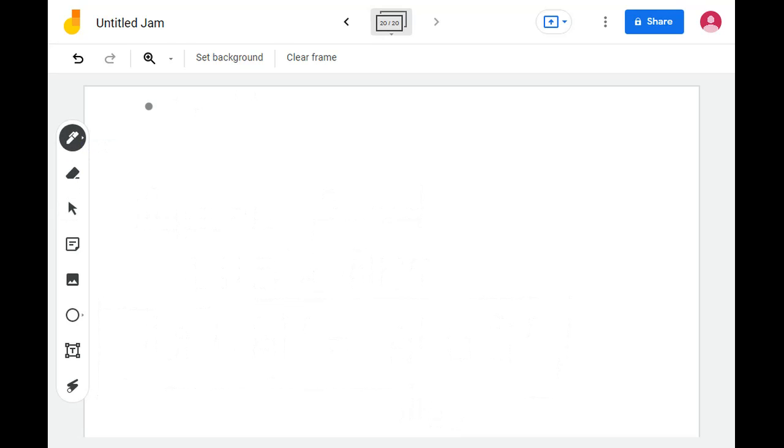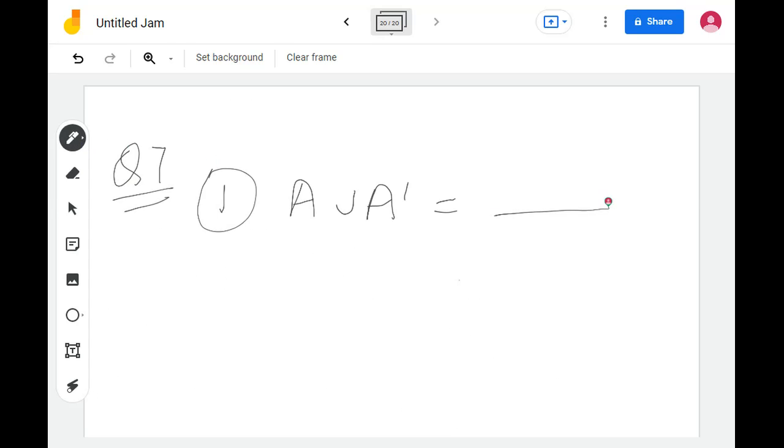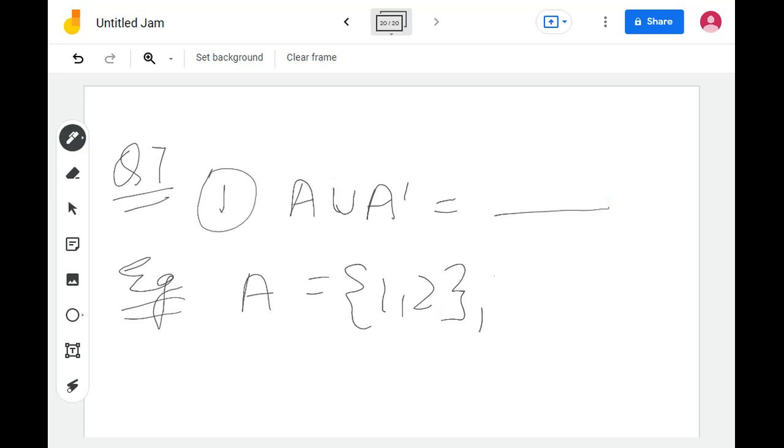Now the last question is question number 7, in which first is A union of A complement is equal to... is asked. So let's suppose an example and explain through the example. We take A as the set 1 and 2, and the union set as 1, 2, 3 and 4. Okay, this is the union set, this is the A set.